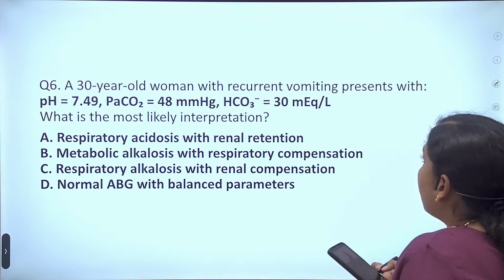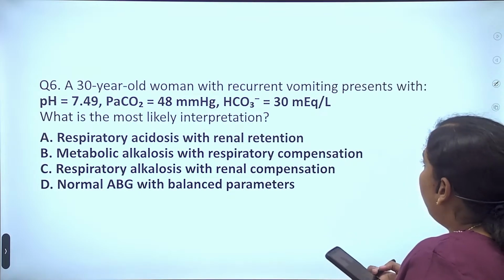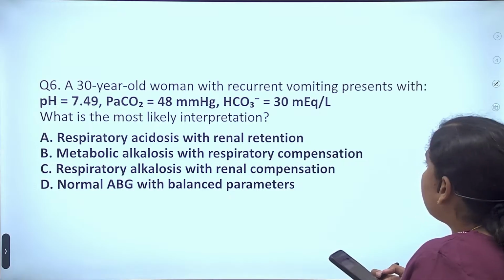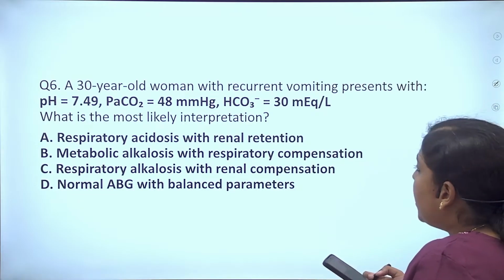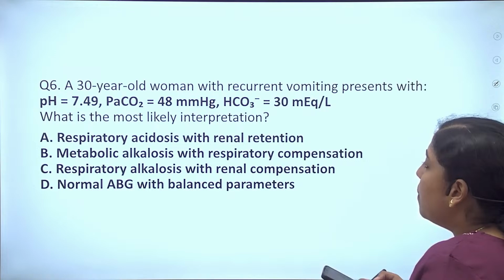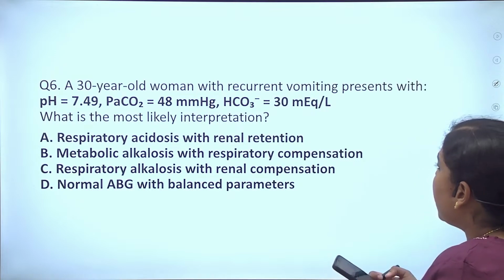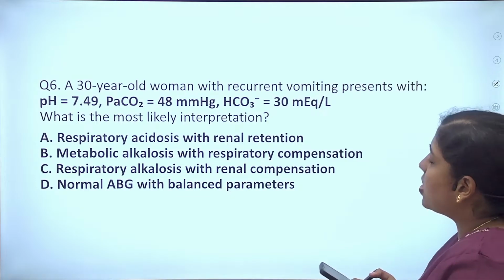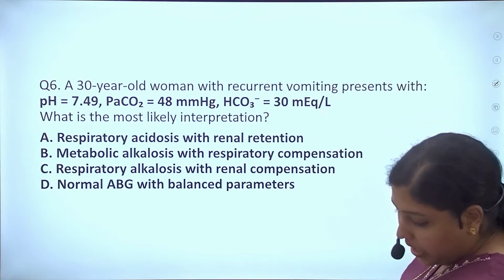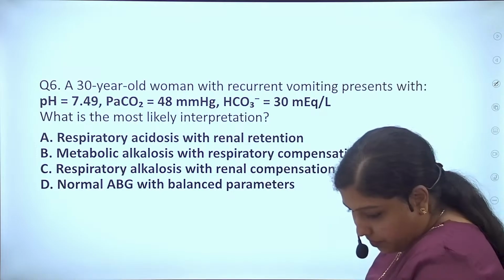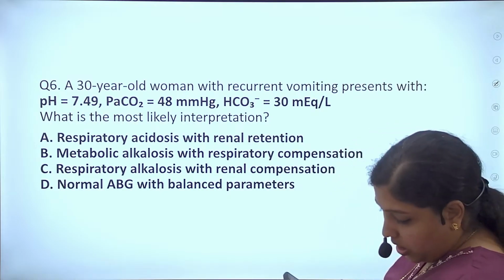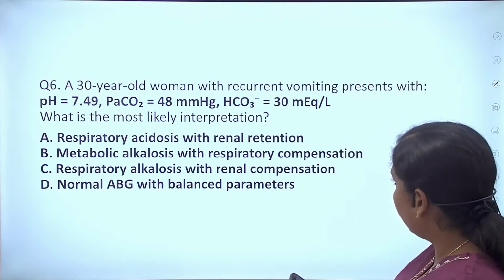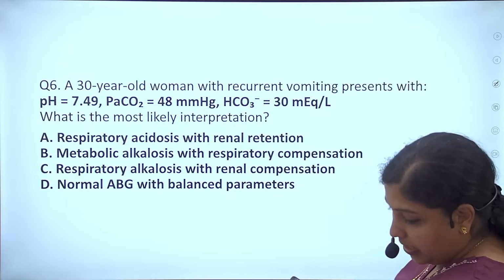A 30-year-old woman with recurrent vomiting presents with a pH of 7.49, PaCO2 48, HCO3 30 milliequivalent per liter. What is the likely interpretation? Now tell me, what is the correct answer?